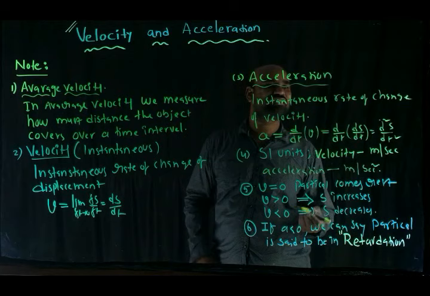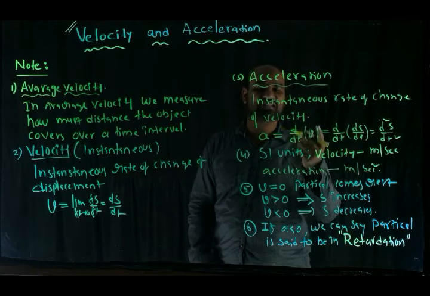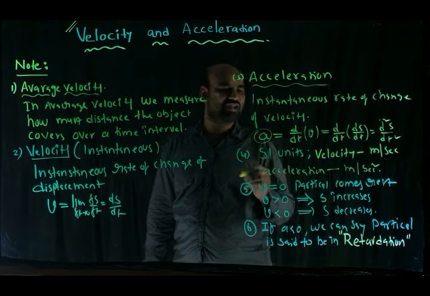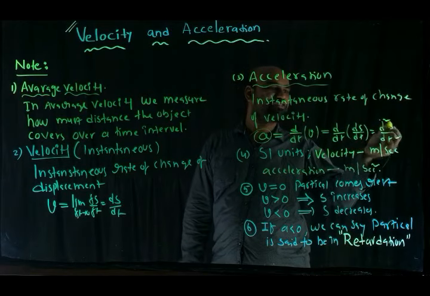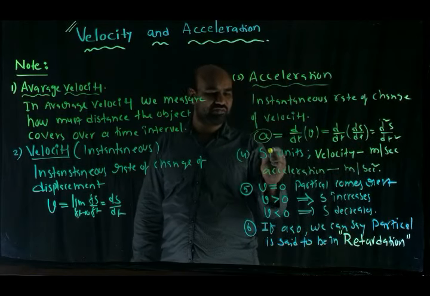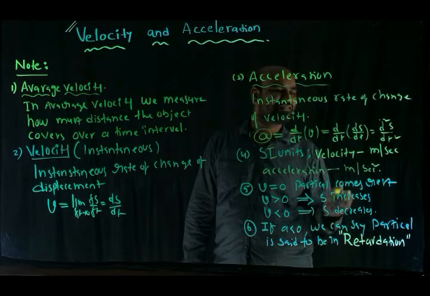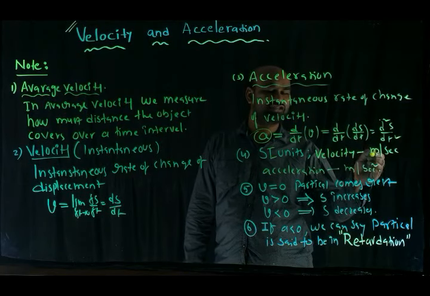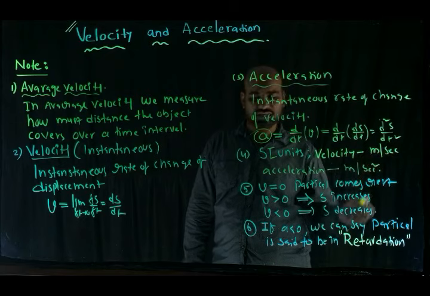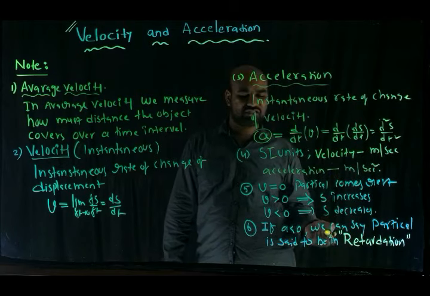Acceleration: instantaneous rate of change of velocity is called acceleration, denoted by small a equal to d square s by dt square. Some SI units: velocity is meter per second, acceleration is meter per second square.